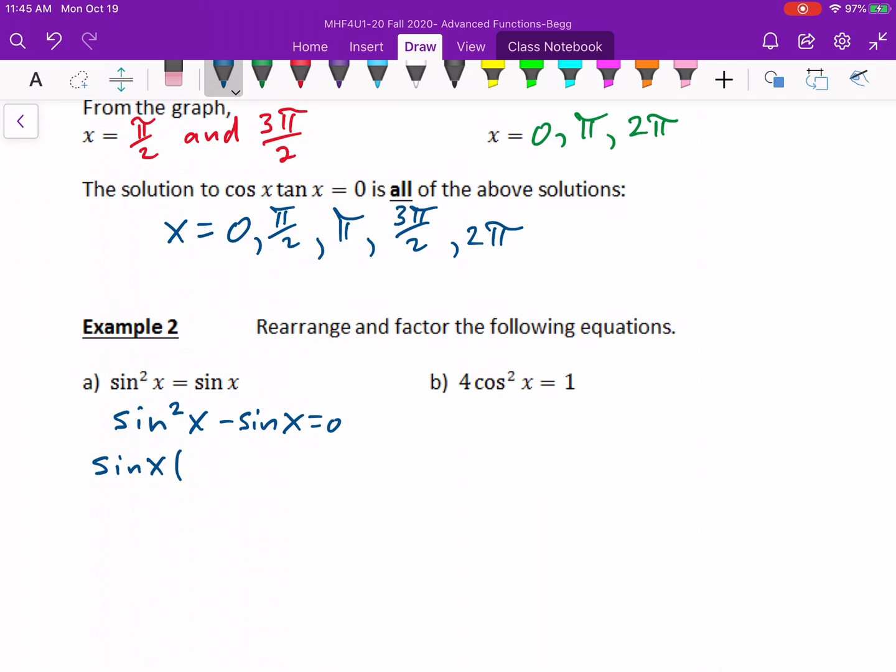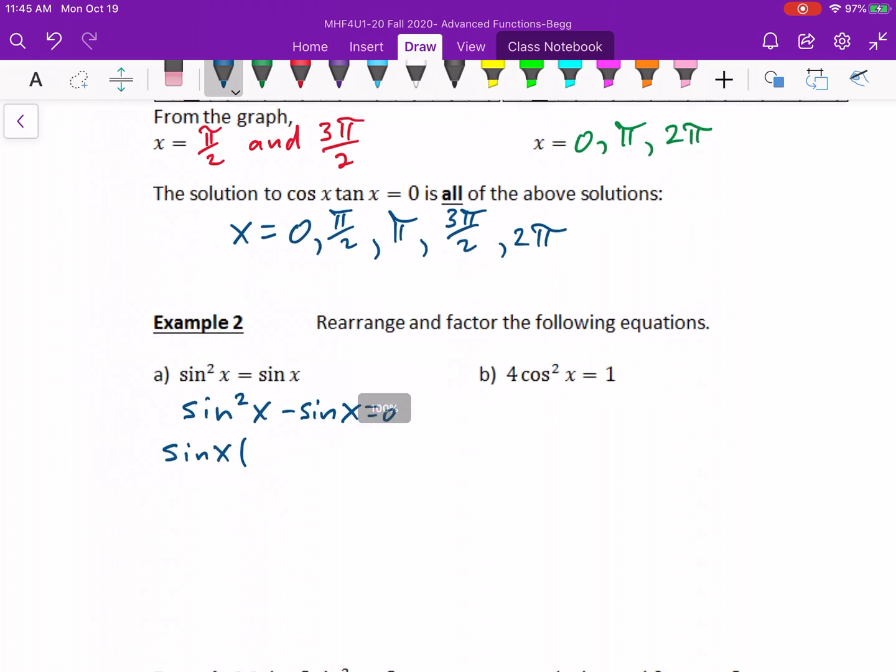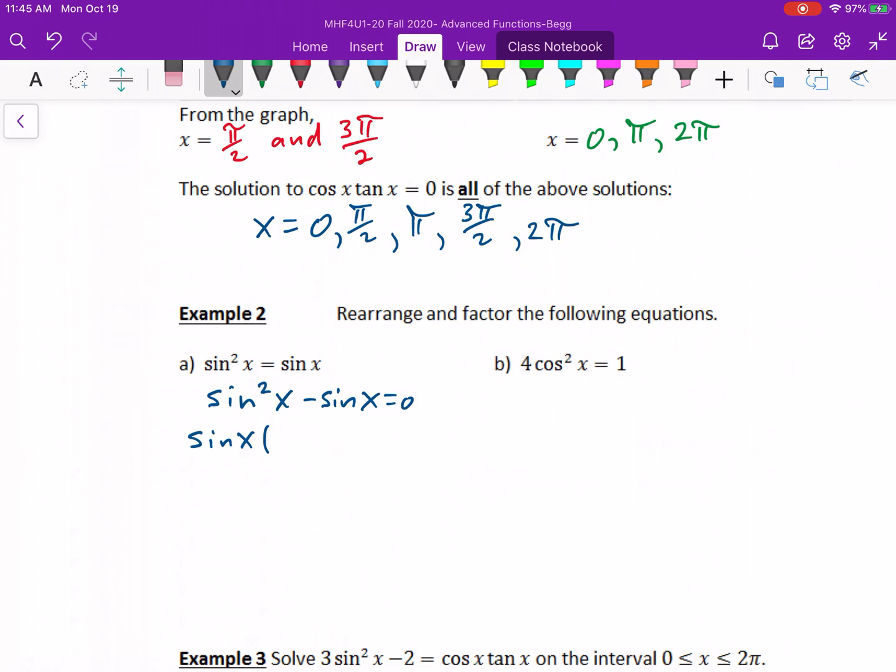There's 2 terms. Remember that sine squared x simply equals sine x times sine x. That's what sine squared x means. So I could factor out one of those sine x's, and I'd still have a sine x left.